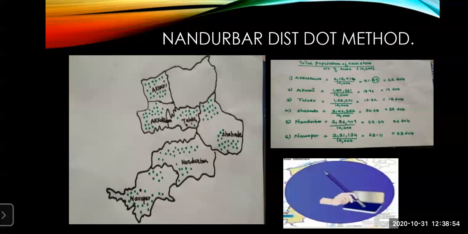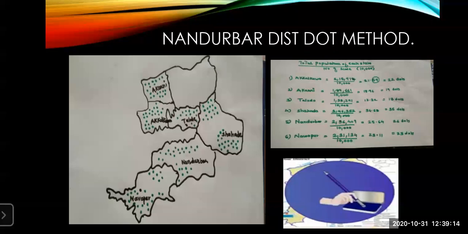The remaining map reading of the dot we have already done in the previous lecture. Here I have filled the Nandurbar district map. You can see that somewhere the dots are there. For example, in Shahadi, I have left the middle part blank.